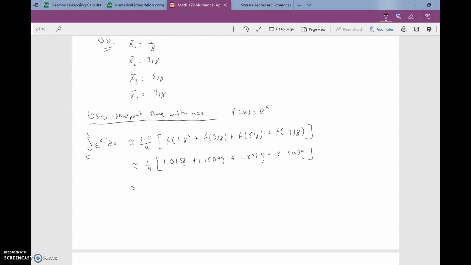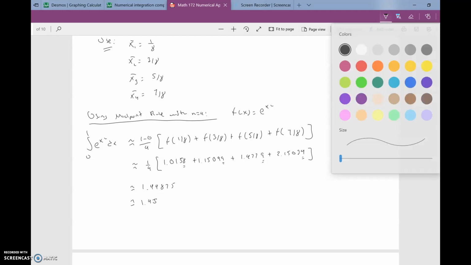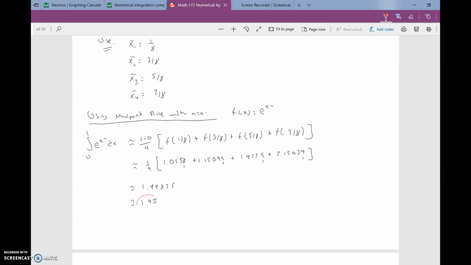Okay, double check that your calculator gives you approximately 1.44875. And I'm just going to round this to about 1.45. I do have to let you know that I am writing only 4 here, but my calculator used more. So we may be a little bit off if you just typed in those.